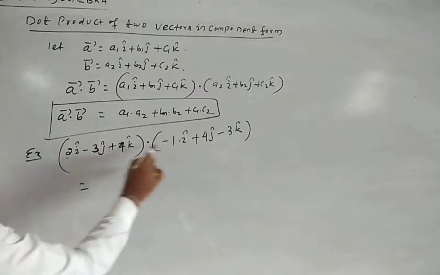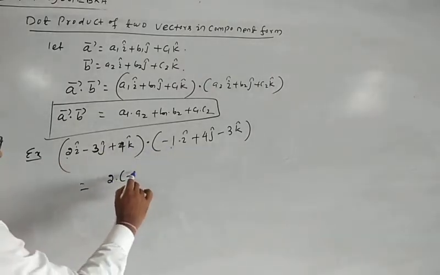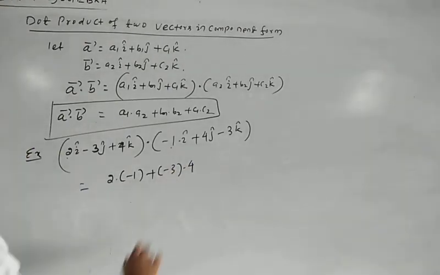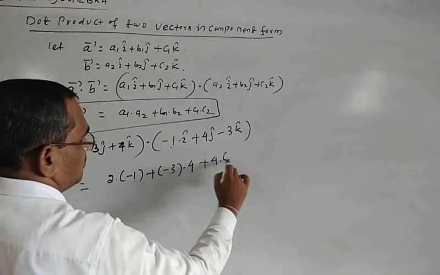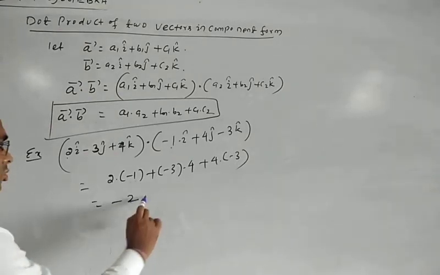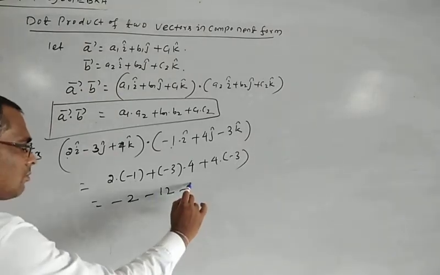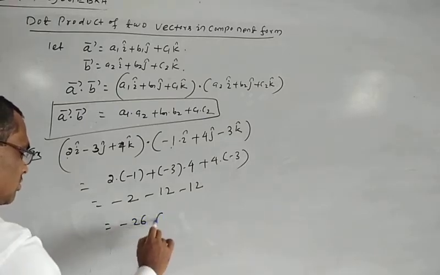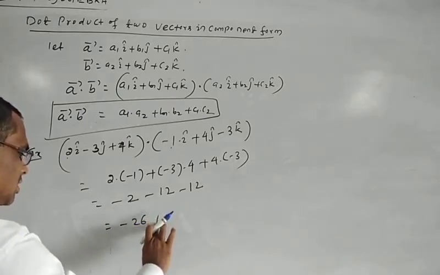So 2 into minus 1 plus minus 3 into 4 plus 4 into minus 3. So this is equal to minus 2 minus 12 minus 12. So this is equal to minus 26. This is the answer. Okay.